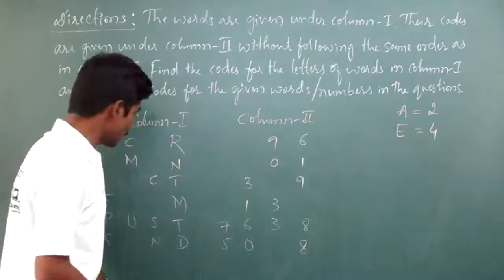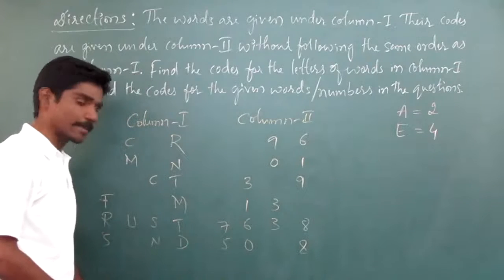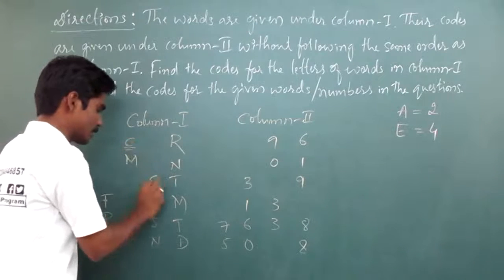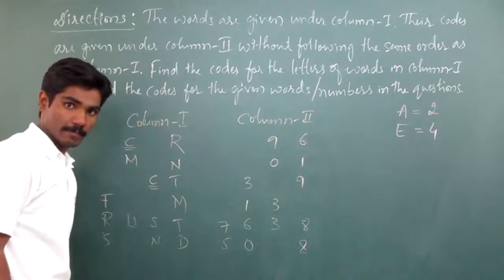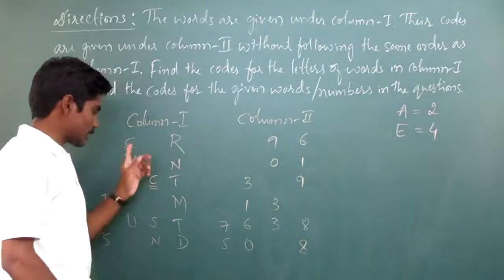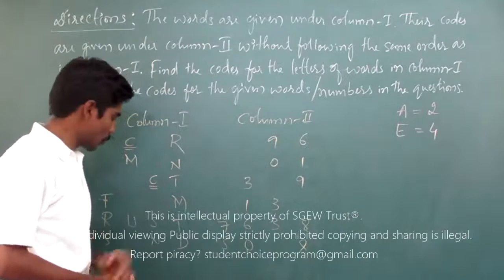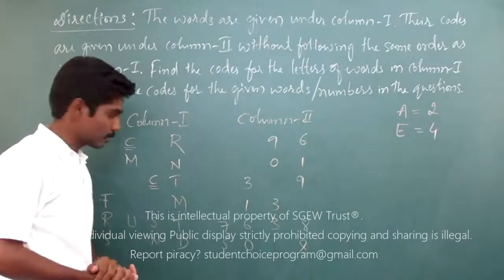Well friends, now I will consider the letter which is present at the maximum places. In this case I will consider C which is present at 2 places. Now to code the letter C, I look for the number which is common in the codes for these words.